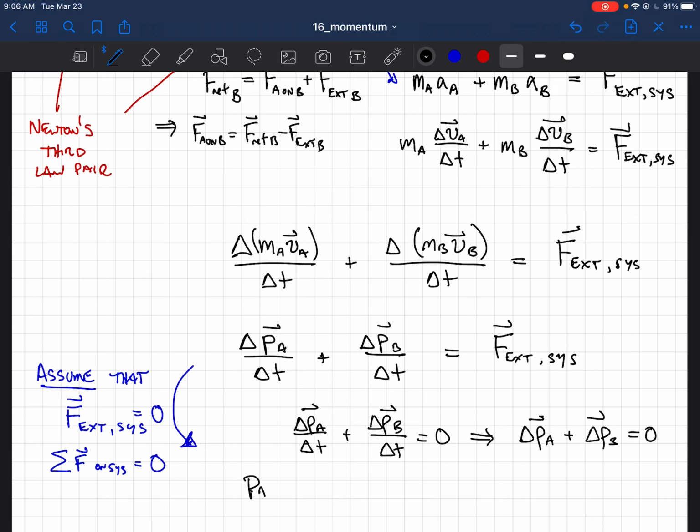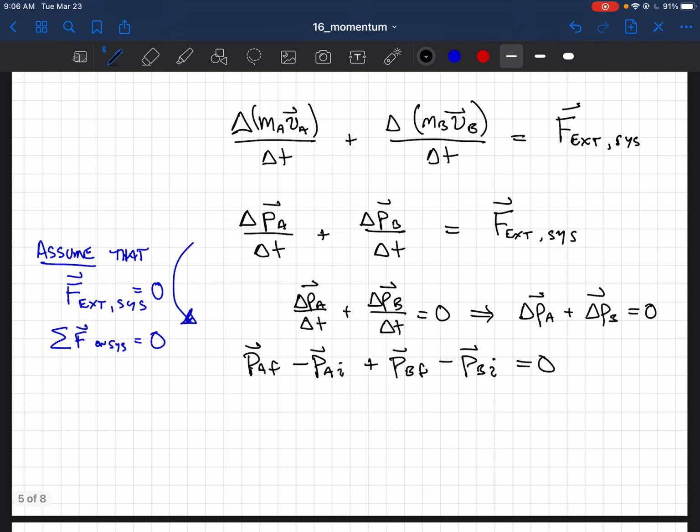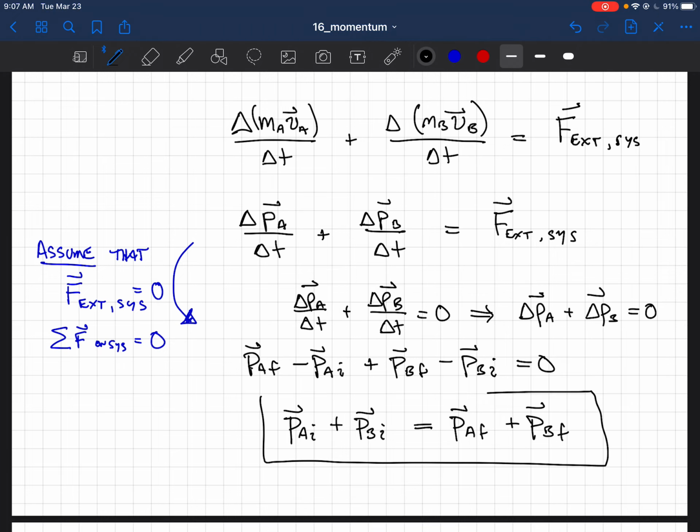So what does that mean? It means that PA final minus PA initial plus PB final minus PB initial is equal to 0. And finally, we get PA initial plus PB initial is equal to PA final plus PB final, and that is our conservation of momentum law.